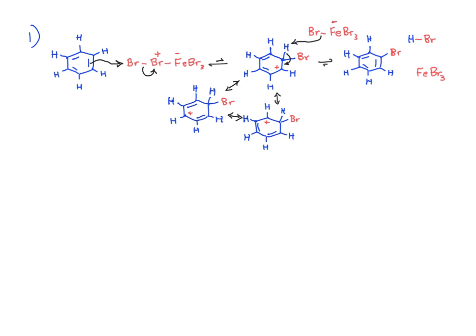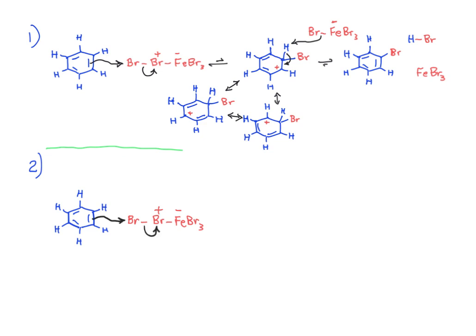There is a second possible mechanistic claim, similar to the bromination of alkenes. In this case, the HOMO of benzene reacts with the LUMO of bromine iron tribromide complex, and a pair of electrons on the bromine comes back to form a three-membered bromonium ion.